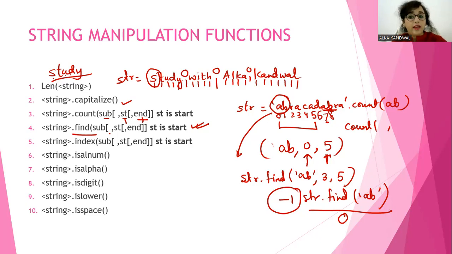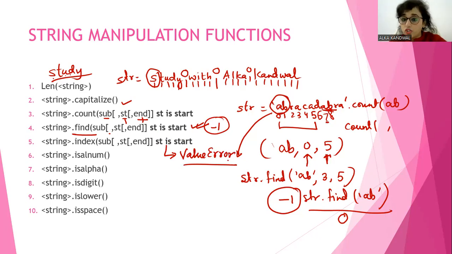Index में क्या होता है बताओ? कि अगर एक particular substring नहीं है तो वो हमको error देगा. जैसे ये तो -1 दे रहा था. अगर हमारा एक पर्टिकुलर सबस्ट्रिंग नहीं मिल रहा था तो हमको आउटपुट में क्या मिल रहा था -1, whereas in this case index में अगर हमको वो सबस्ट्रिंग नहीं मिला तो हमारा आउटपुट it will give an error, that is the value error. Is it fine?